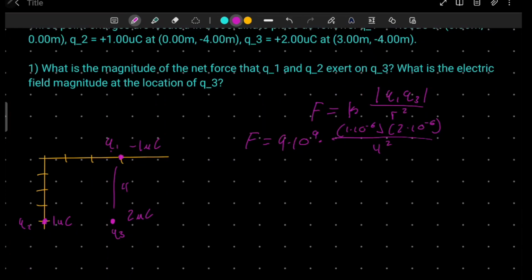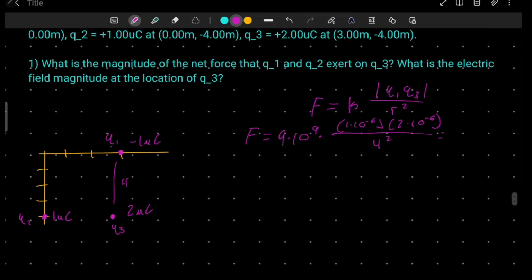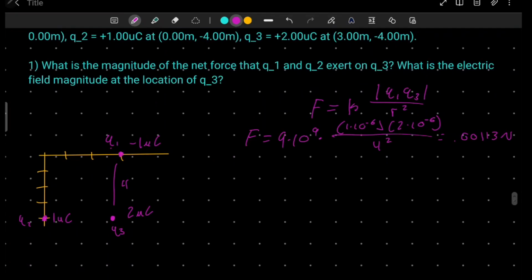Now, when we plug that into our calculator, we get a value of 0.00113 newtons, rounding. And remember, this is going to be in the J direction, so we'll put a hat J. Actually, I'm just going to rewrite this down here: 0.00113 newtons in the J direction.